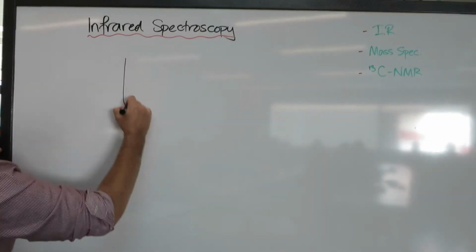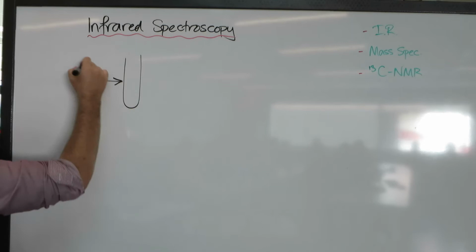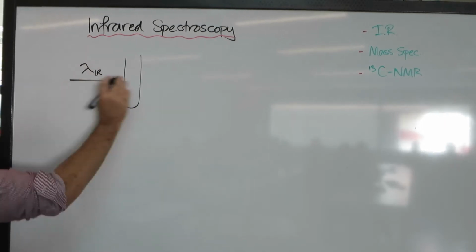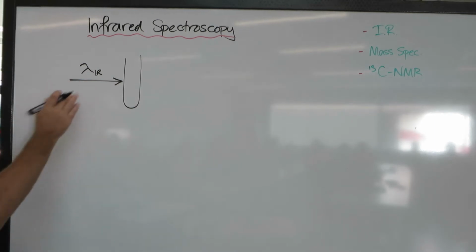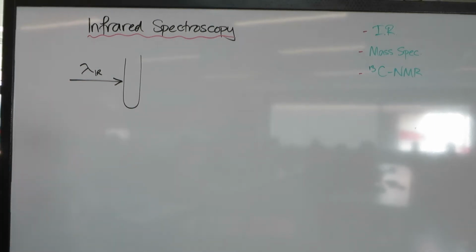Infrared spectroscopy, what it does is infrared light is passed through a sample of our unknown compound, and infrared light will be absorbed at different amounts by different chemical bonds.